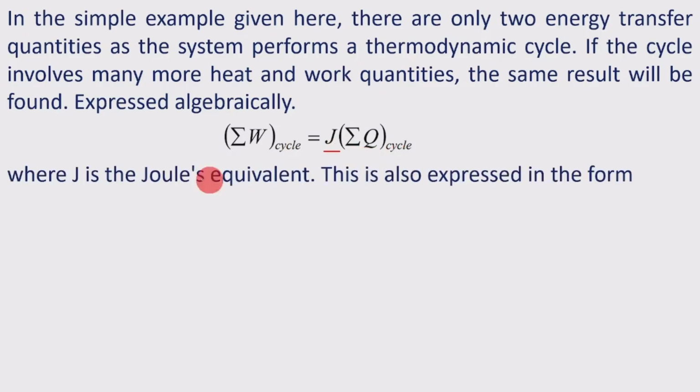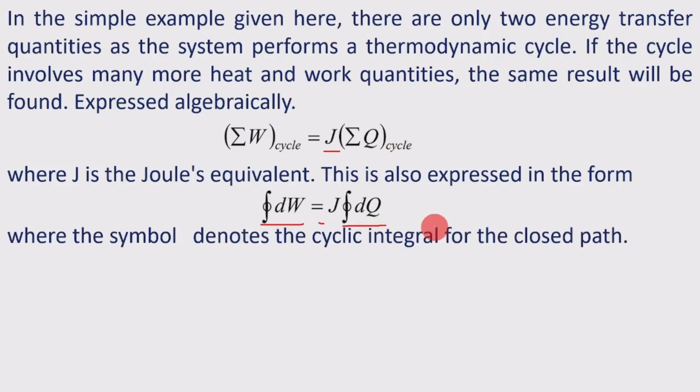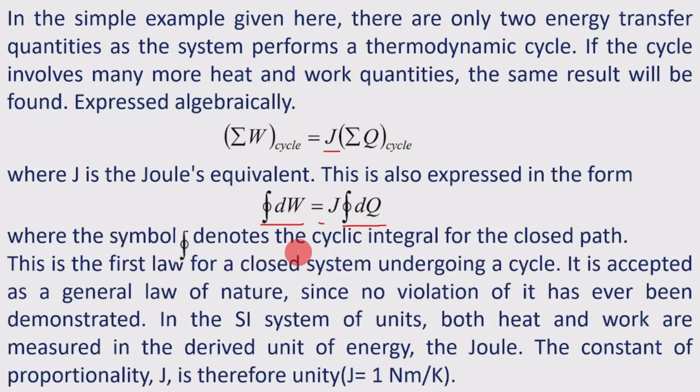The same can be written as the summation of W equal to J times the summation of Q, where J is the Joule's equivalent. This is also expressed in the form: cyclic integral of dW is equal to J times cyclic integral of dQ, as both work and heat in integral form are path functions. Here the symbol ∮ denotes the cyclic integral for the closed path.